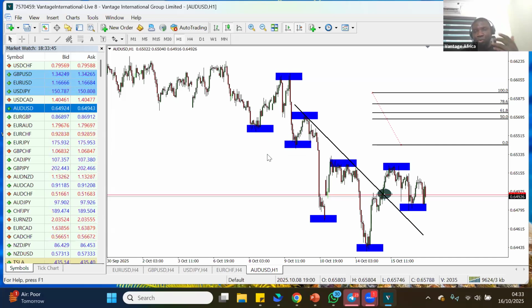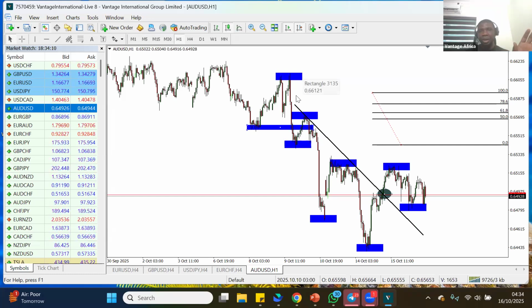Normally what you expect is that price will hold. This is an area you would have called a demand zone. When price was coming from this top, you would have expected that when it gets here, it will reverse and start going up.